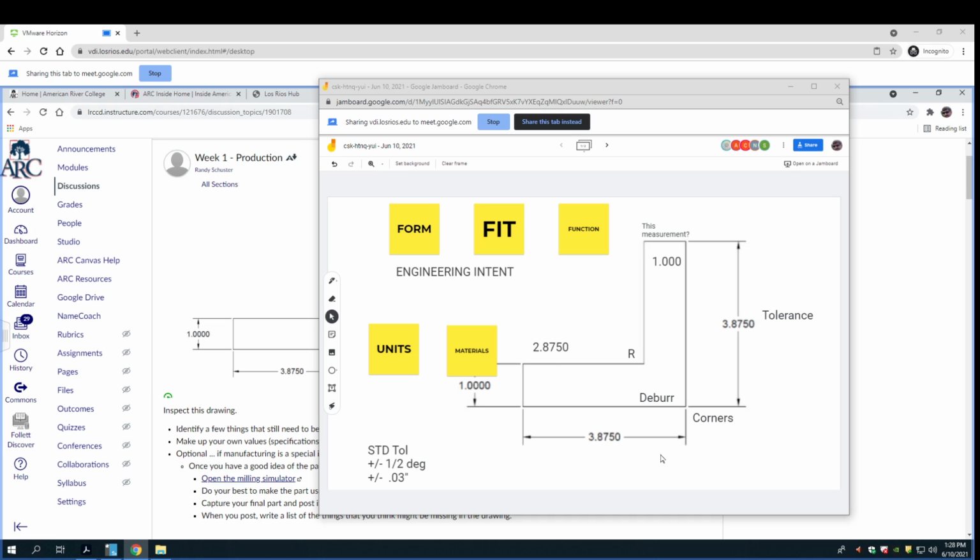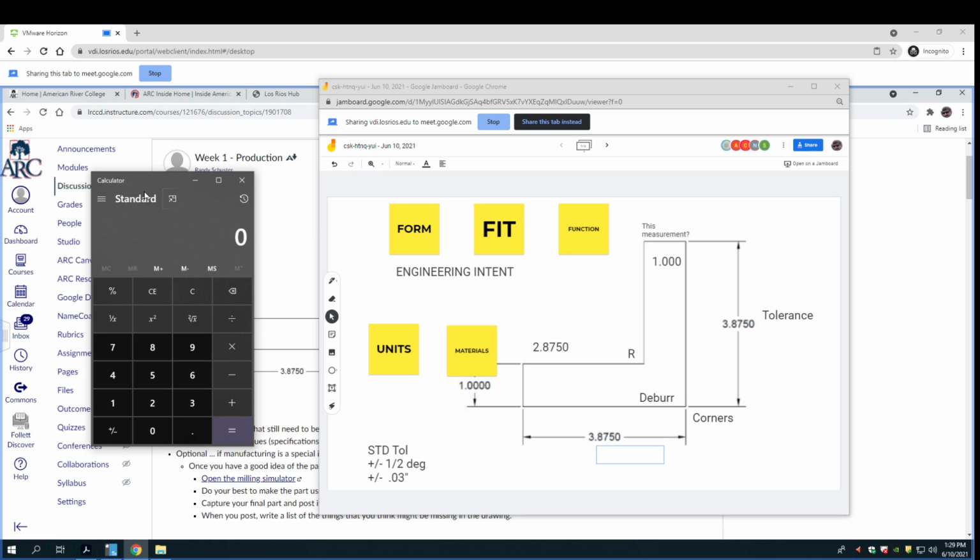Yeah, and actually the math doesn't work out. And I'll show you why. Okay, this one is, how long could that be? Let's say that my tolerances are plus or minus 0.03. So this could be, and I always use a calculator, 3.875 plus 0.03.